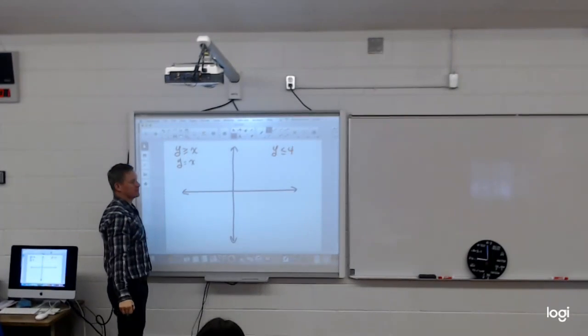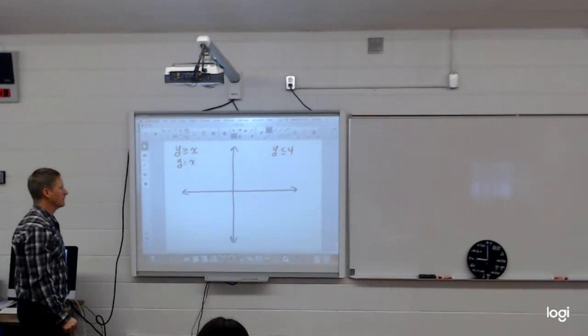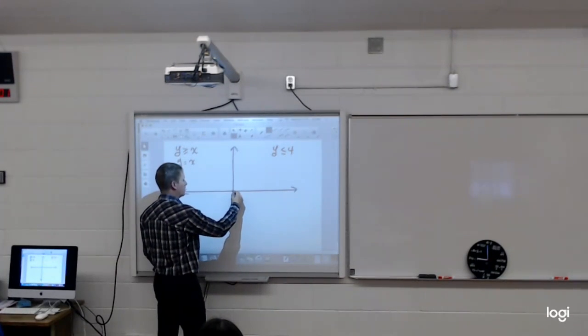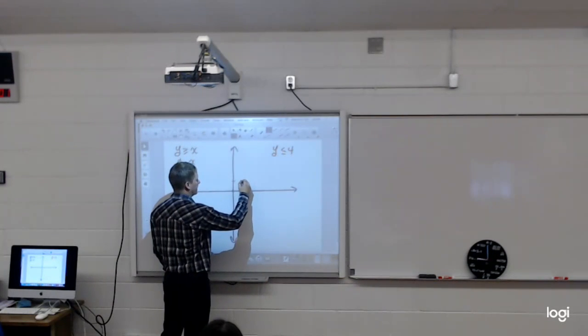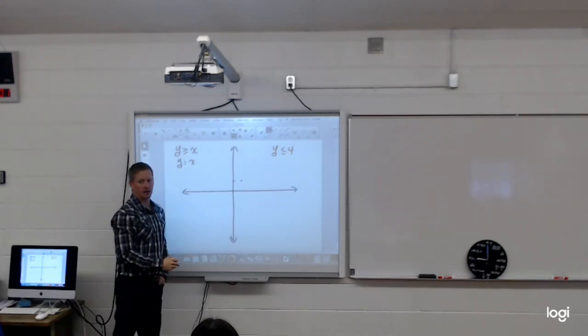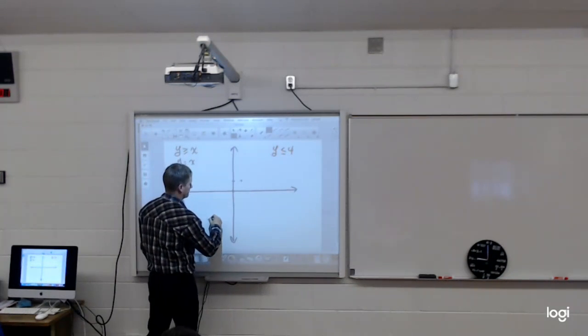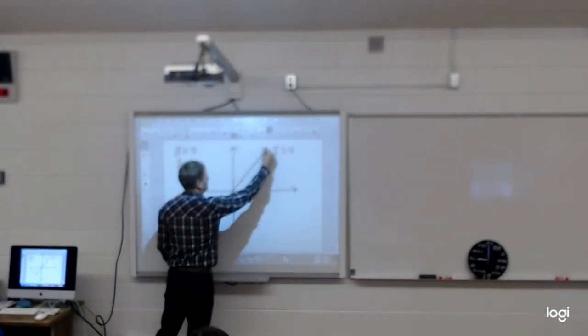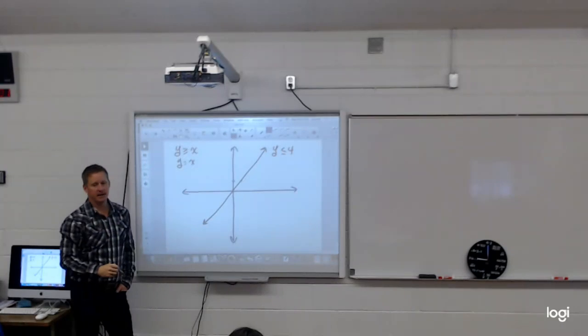What's my starting coordinate? 0 and 0, which is right here. And what's my slope tell me to do? Up 1 over 1. Now, solid line or dotted line? Solid, right. There it is.